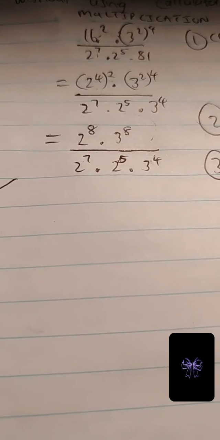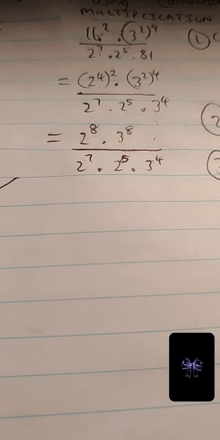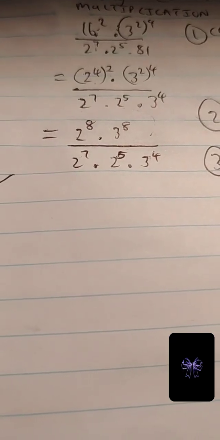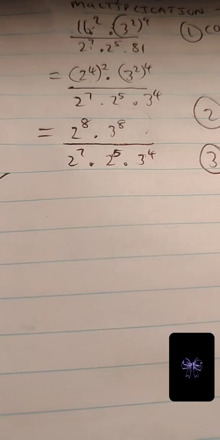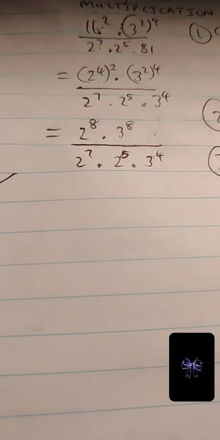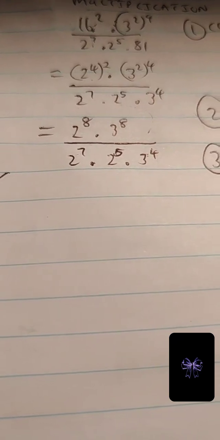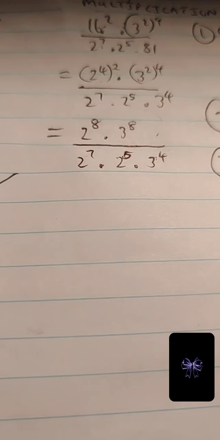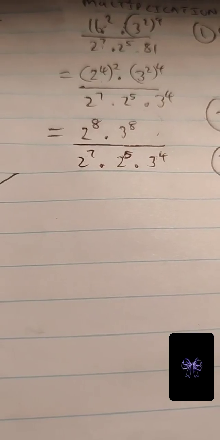And where? We're going to write it in the numerator, because 3 to the exponent of 4 is being subtracted. So that means he is the one changing signs, meaning he is the one moving the position.